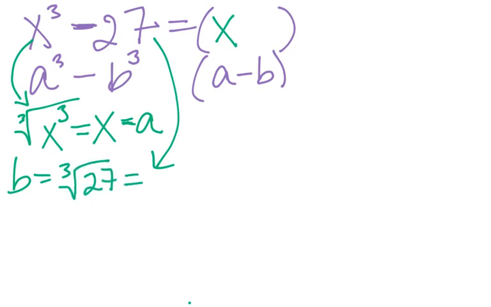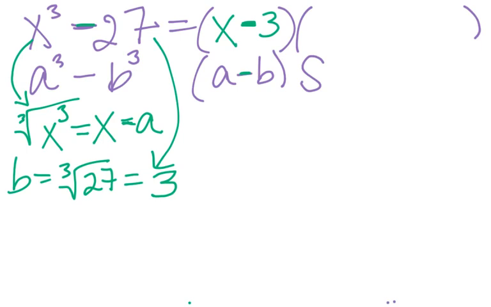The cube root of 27, we want to have that memorized. It is 3, because 3 times 3 times 3 is 27. So our b value is 3, so we're going to put minus 3 here as our first factor. So this minus is because it was the difference of cubes. All right, then for our second factor, remember we're going to use the SOFAs pattern.